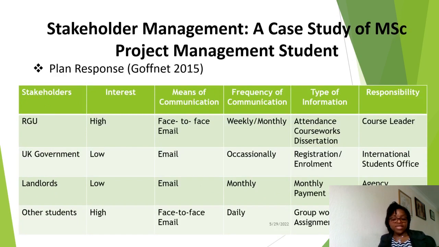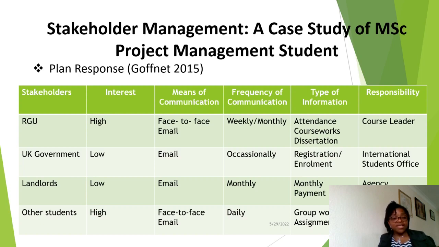How can this stakeholder management be effective? As a student in RGU, you need to develop a plan, and this is a typical plan for you to evaluate, to consider. In this plan now, we have the list of stakeholders, just a few of them.